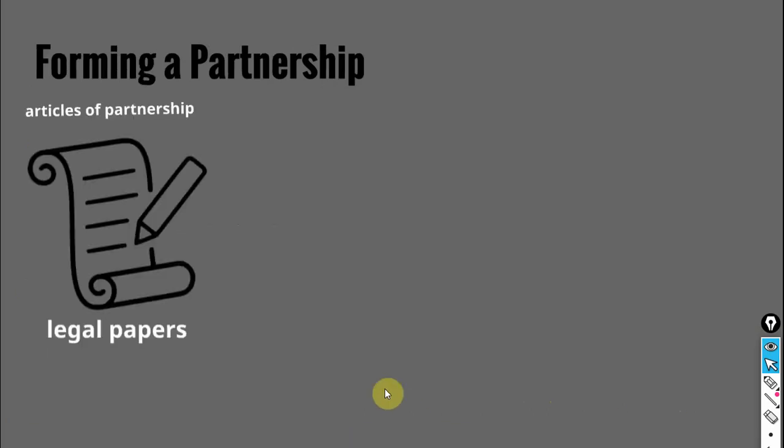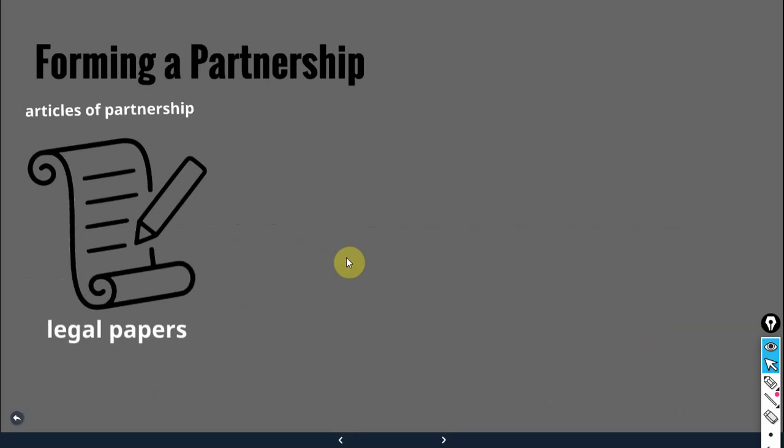How to form a partnership? To do that, you need a legal paper. It's called Articles of Partnership. This legal paper has to specify the arrangements between partners.